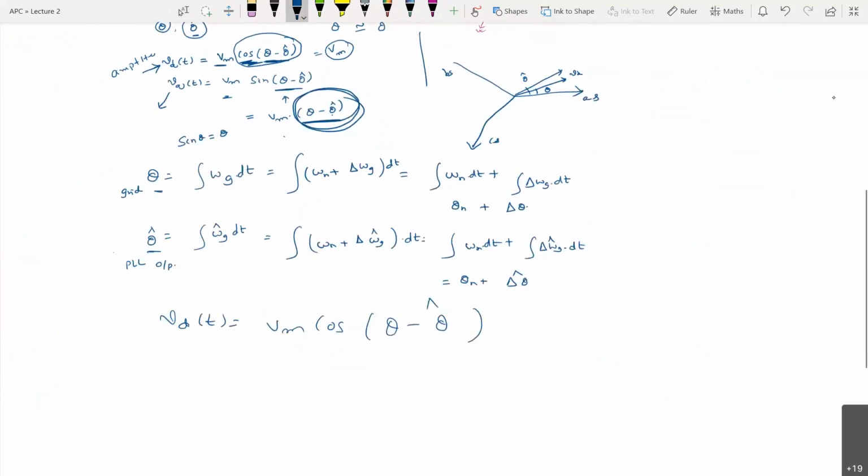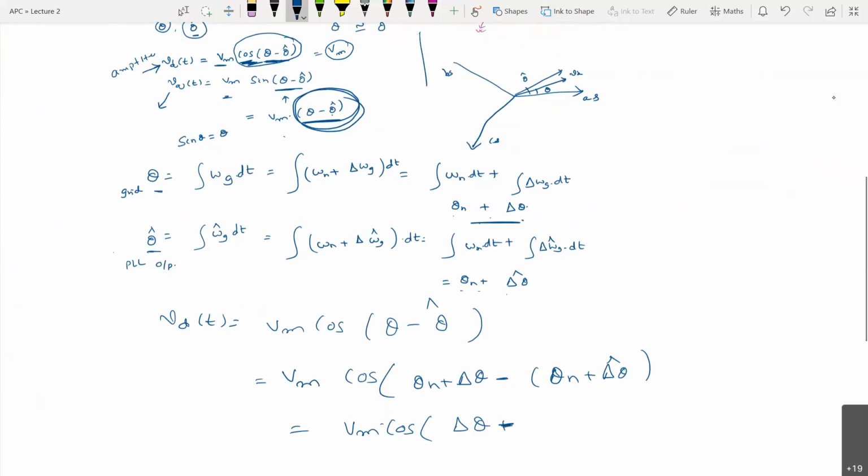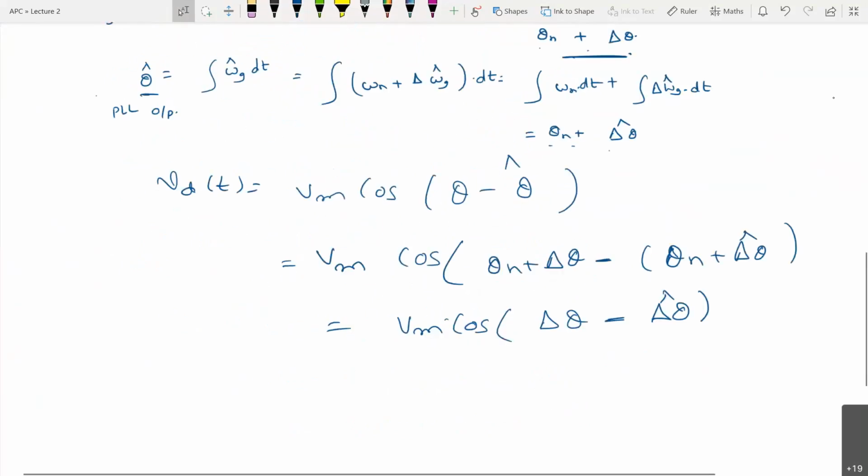Theta is theta n plus delta theta, and theta dash is theta n plus delta theta dash. So Vm cos of theta n plus delta theta, minus theta n plus delta theta dash. The theta n will be cancelled, so you're left with cos of delta theta minus delta theta dash. Clear? This is the error between these two, so this is approximately equal to Vm.